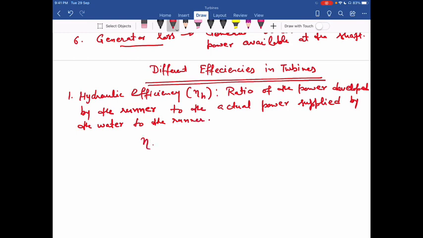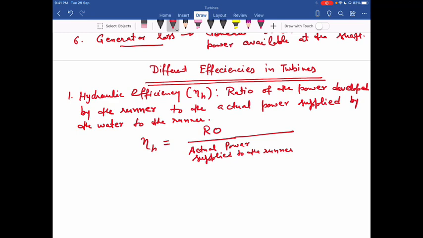You can say eta H is the runner output divided by the actual power supplied to the runner. This is hydraulic efficiency. Now this efficiency accounts for the hydraulic losses.